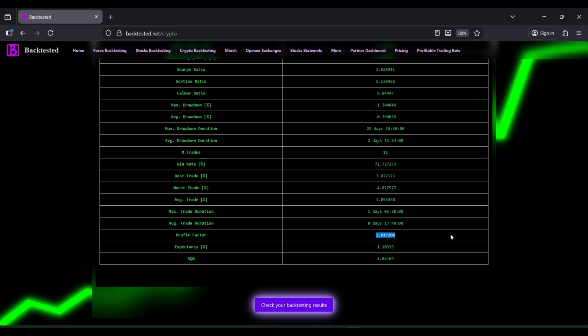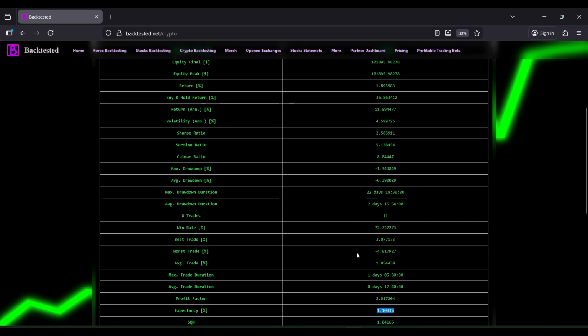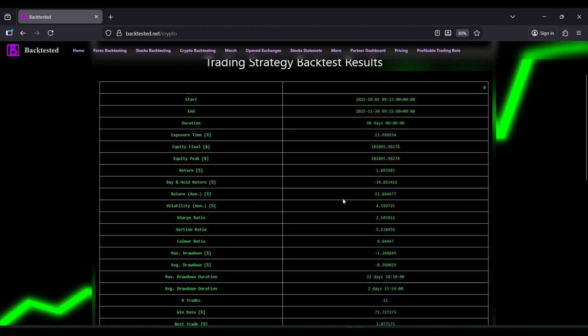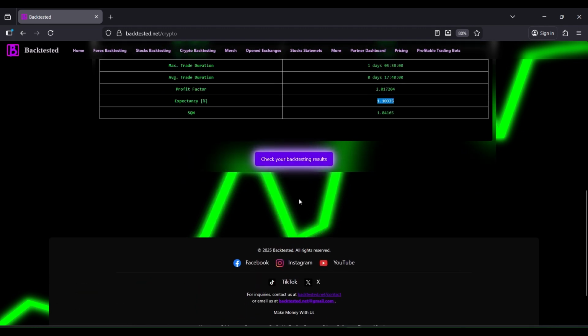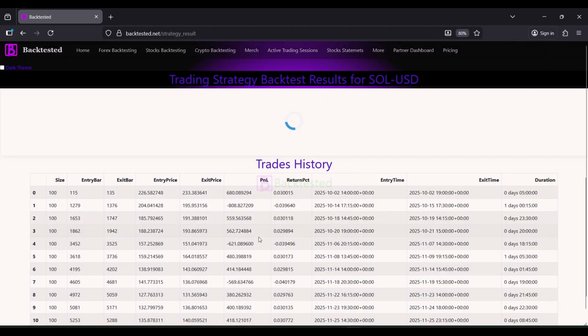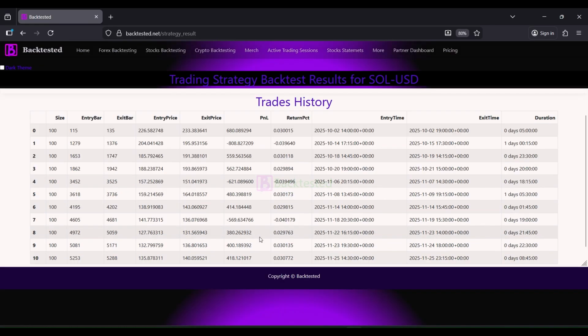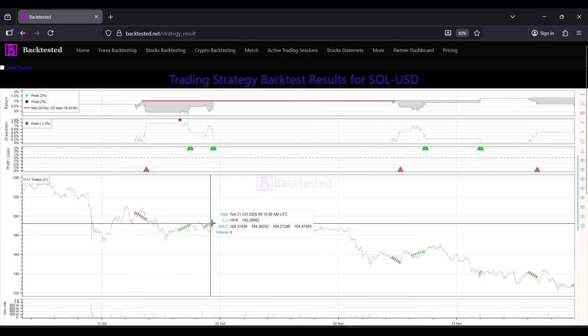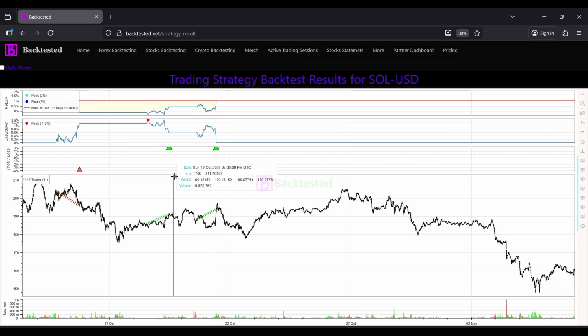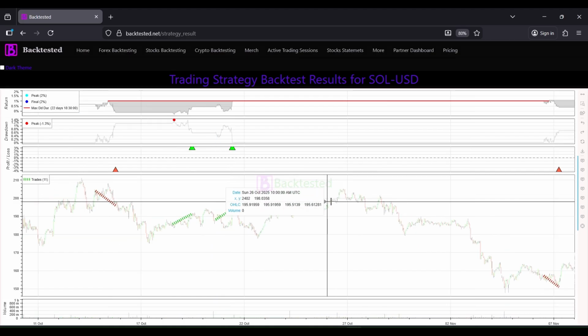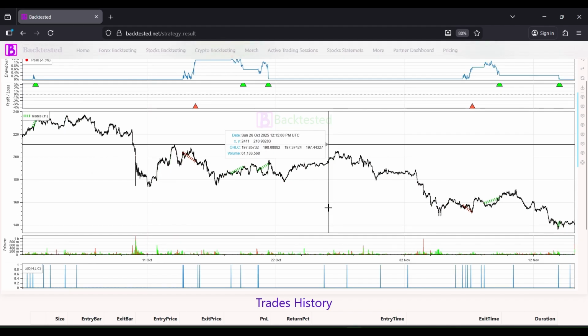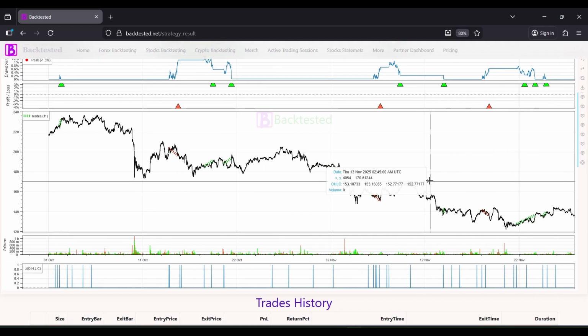So now you risk $1 to get $1.01. It's profitable. SQ1 is better, expectancy is better, and yeah, this is it. We can take a look at the chart. Yeah, most of the trades now are profitable.